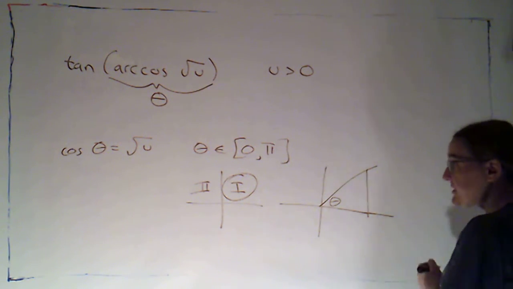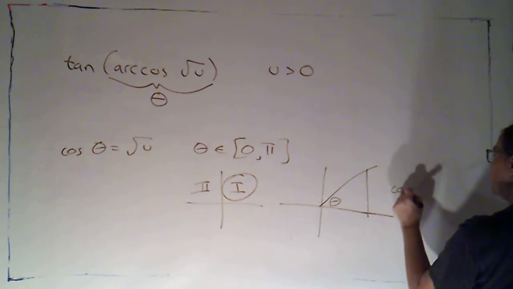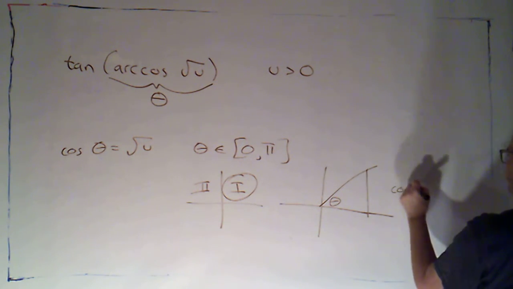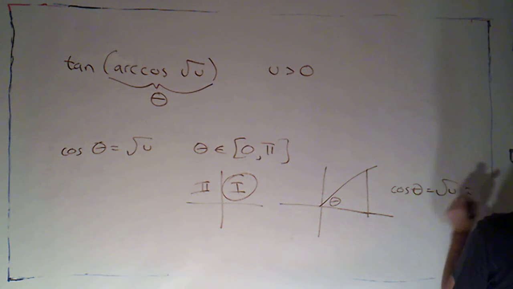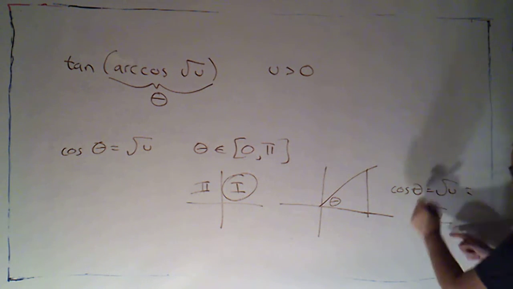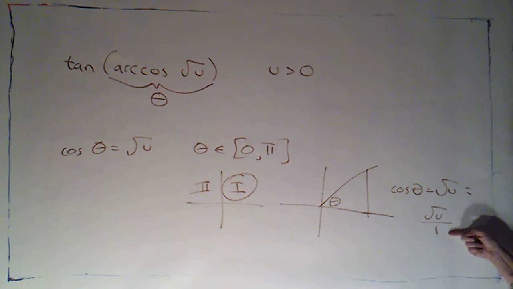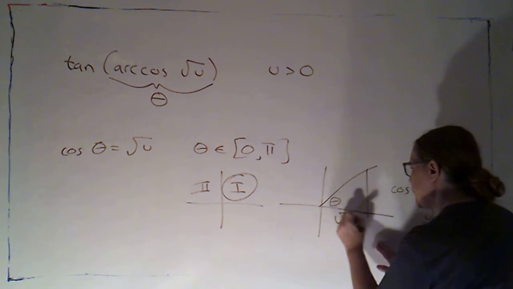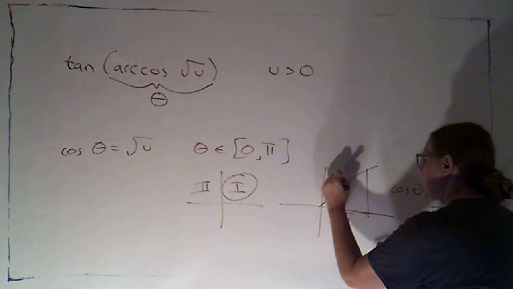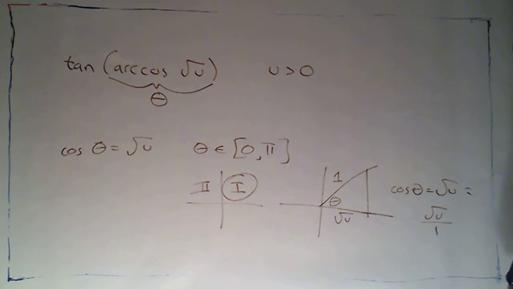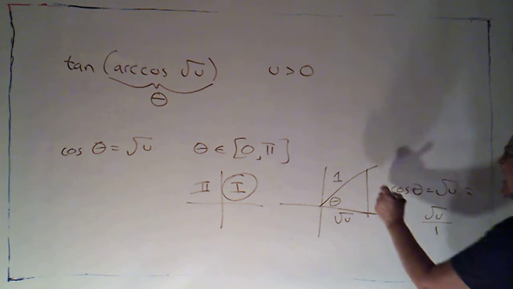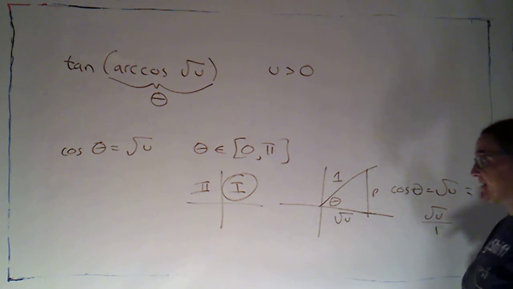And then since cosine of theta is root u, I'm just going to write that as a fraction. That's the important trick to remember, that I can just write that as root u over 1. And then that makes the adjacent side root u and the hypotenuse 1. So now I can solve for the opposite.